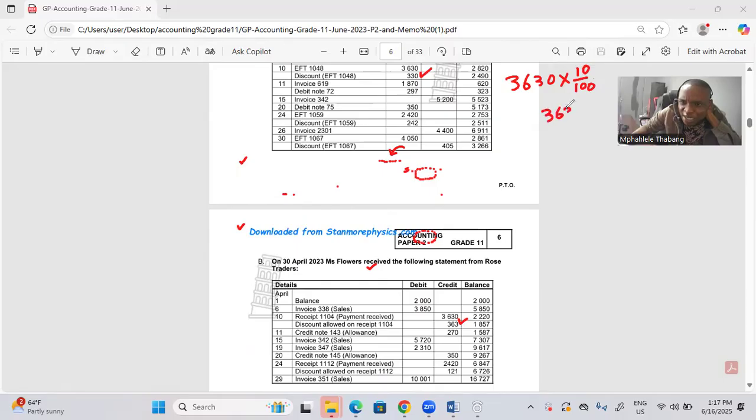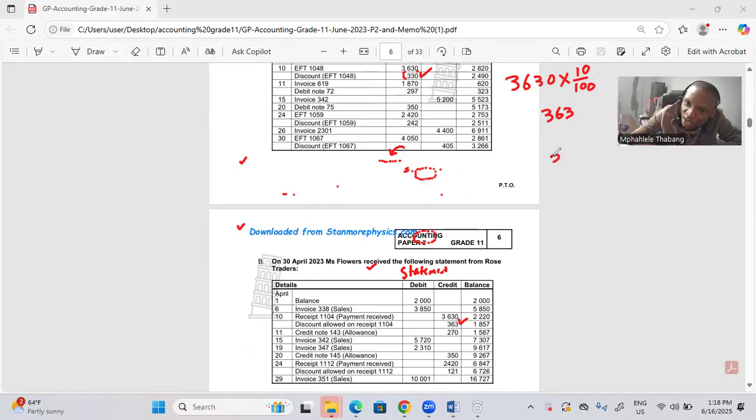So the correct discount must be 363, which is recorded correctly in the statement. So the mistake was made on the ledger account. They wrote a discount of 330 instead of writing a discount of 363.